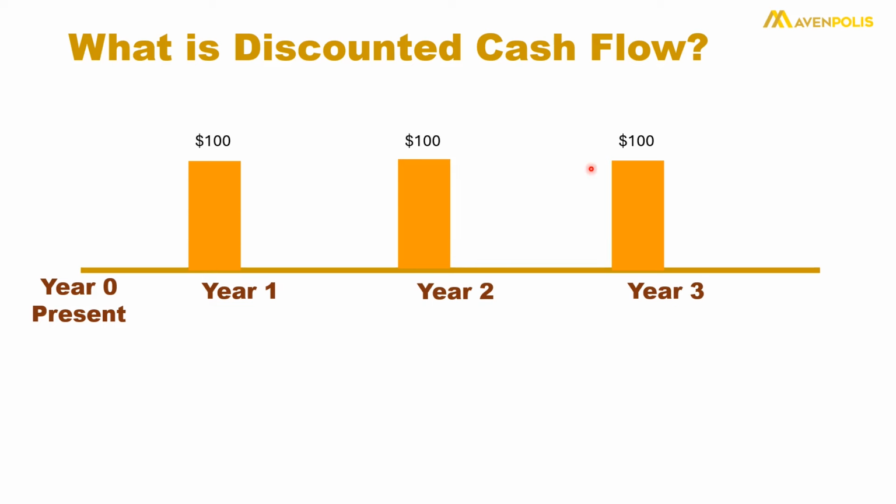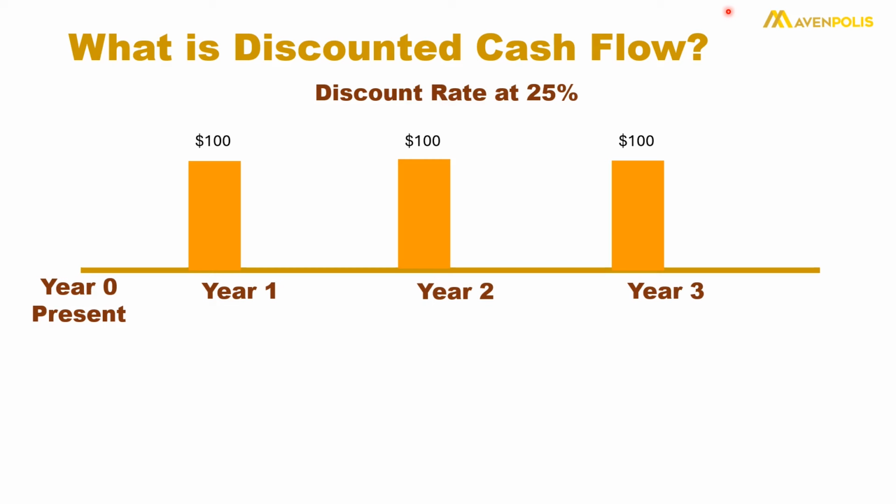Otherwise he would put the money in a fixed deposit, for example. So assuming that the expected return is 25%, then we call it the discount rate of 25%.